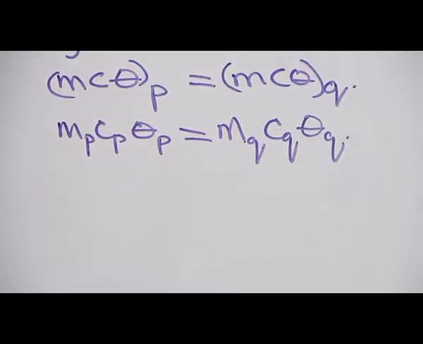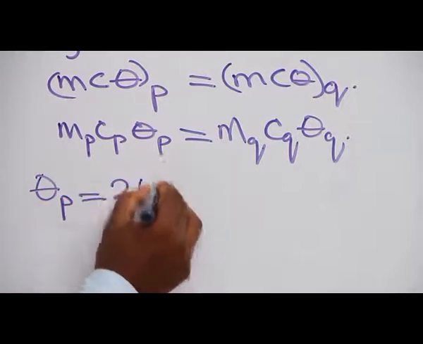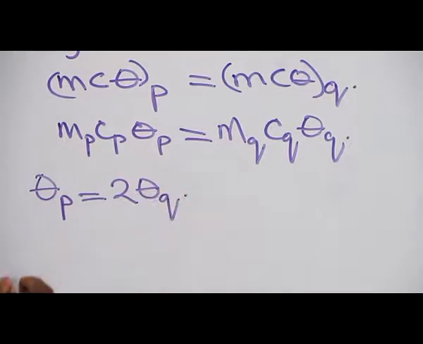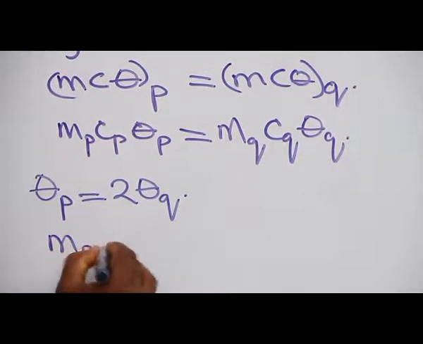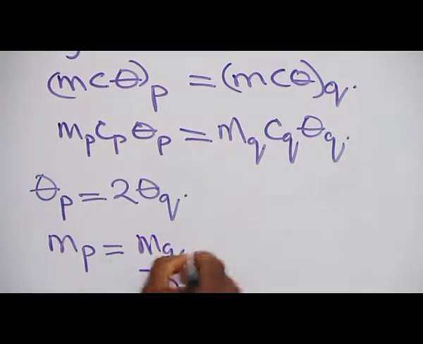We are told that the temperature change of P is twice that of Q. That is, theta P is 2 times theta Q. We are also told that the mass of P is half that of Q. Mass of P is equal to mass of Q over 2.